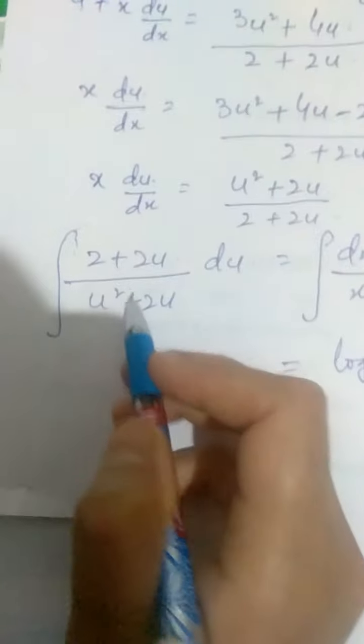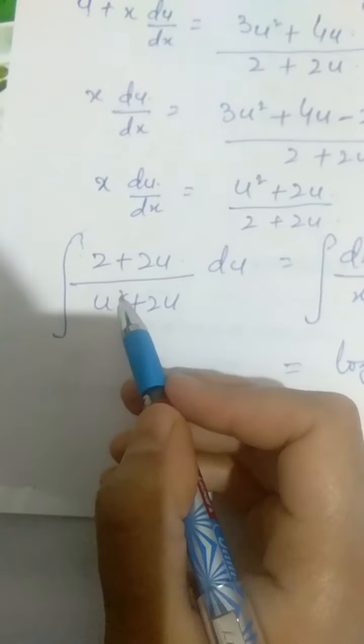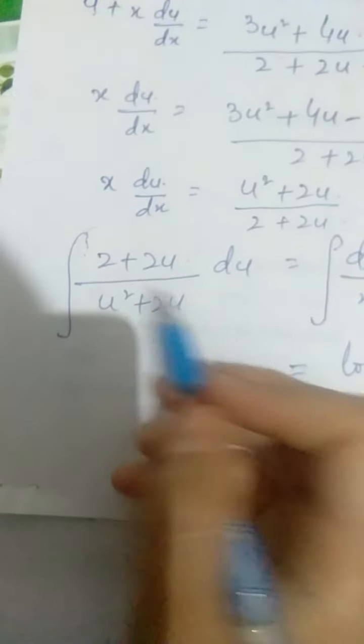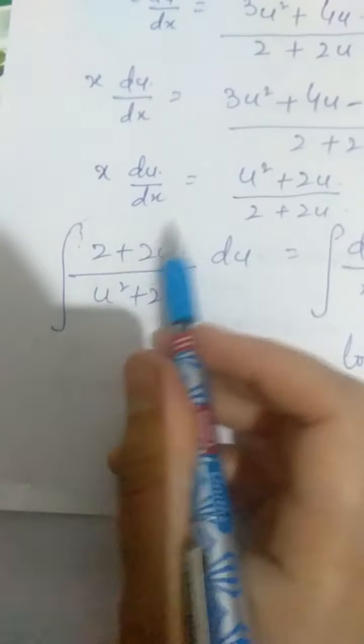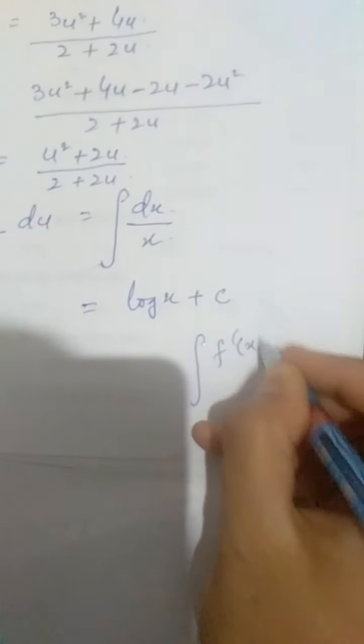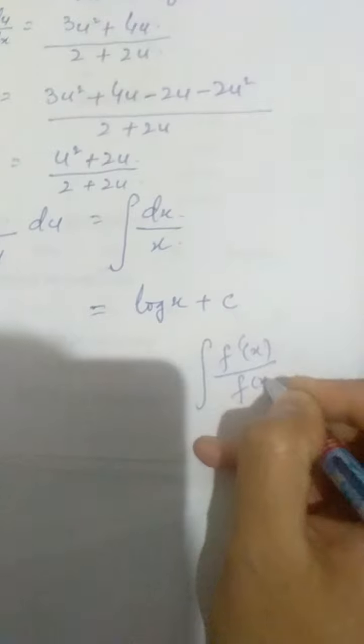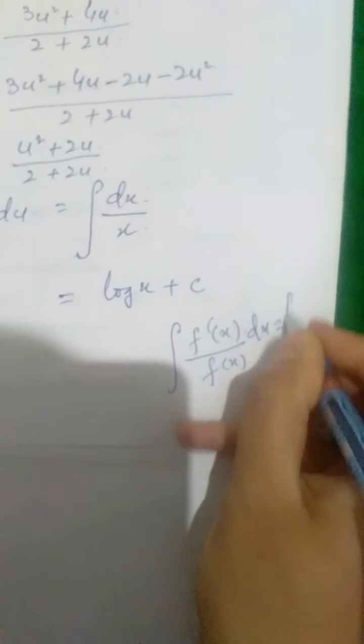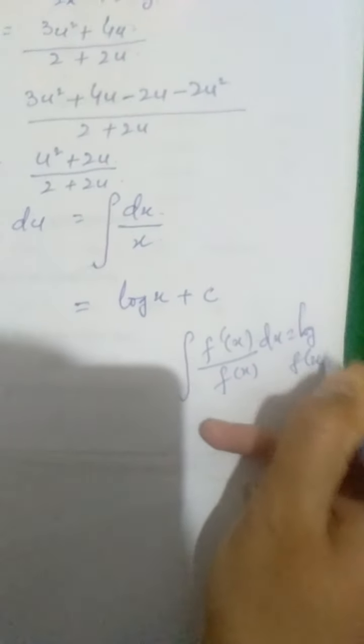And if you can recognize this, that differentiation of u square is 2u and differentiation of 2u is just 2. So the upper portion is the derivative of the function. And you know this formula, that integral of f dash x by f x dx is equal to log of f of x.